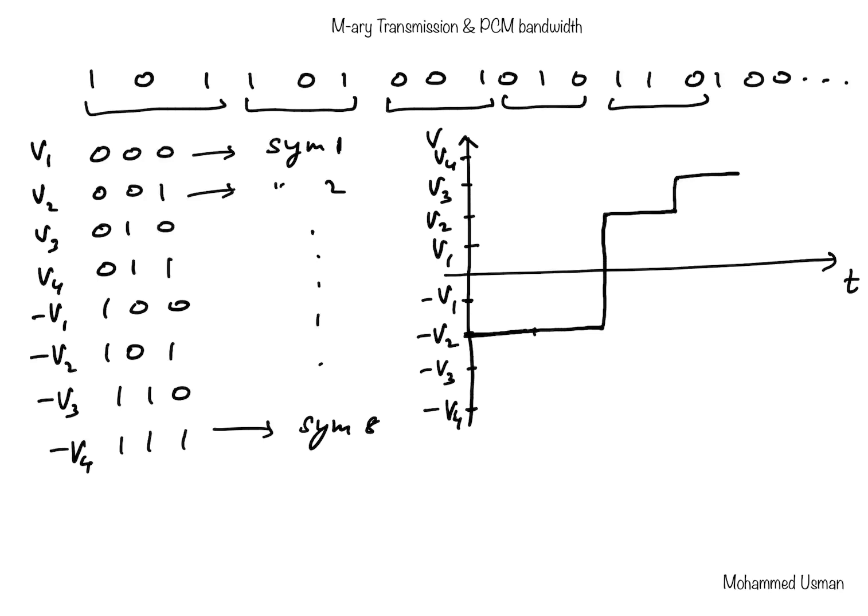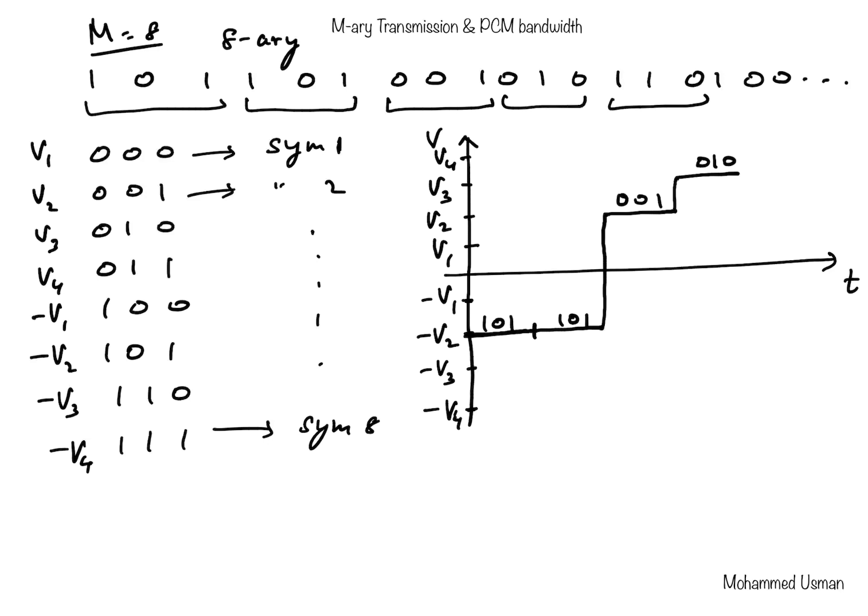But now this is an example for M equal to 8, or we call it 8-ary transmission. And in this case we have 8 possible voltage levels, and each voltage level is now going to represent 3 bits of information. So that's 101, another 101, then we have 001, 010, and so on.